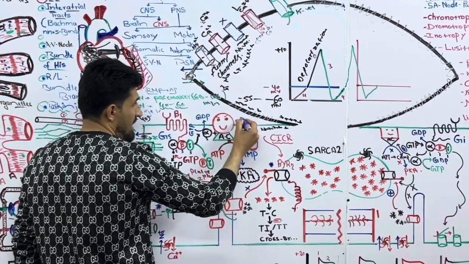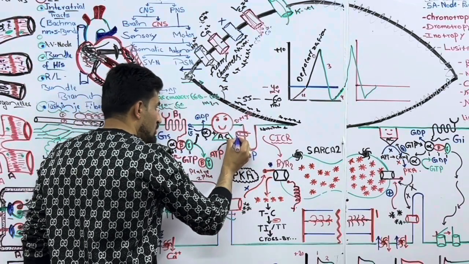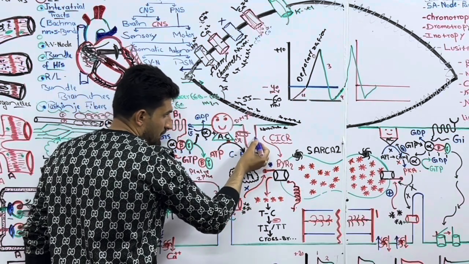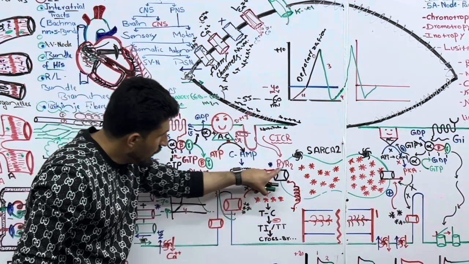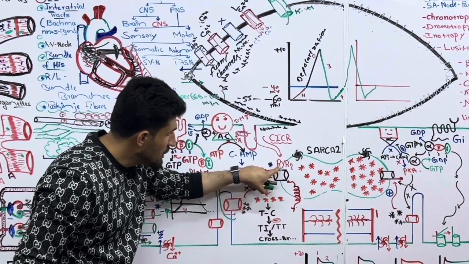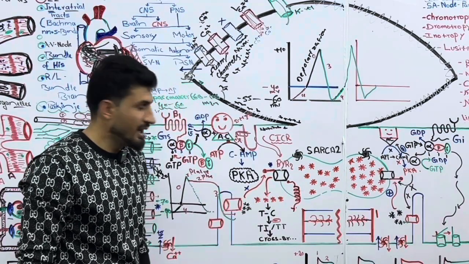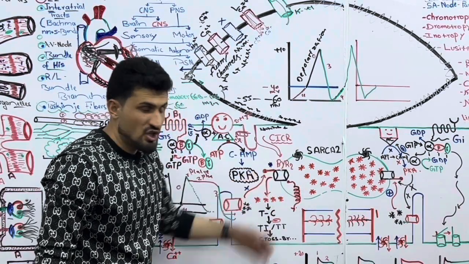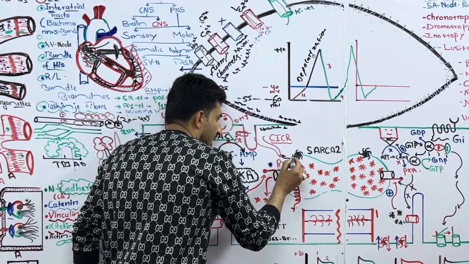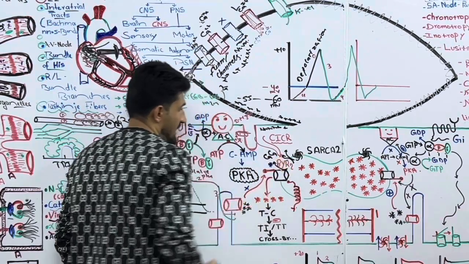Sometimes they are called dihydropyridine receptors. But anyway, during entering of a lot of calcium, this calcium causes activation of a channel on the sarcoplasmic reticulum of this cell, which is called RyR2 channel, or ryanodine receptor type 2. And when this receptor activates, it pumps a lot of calcium into the cytosol.